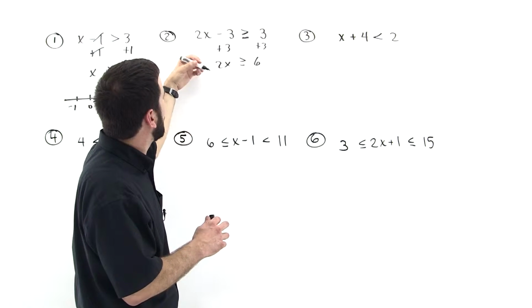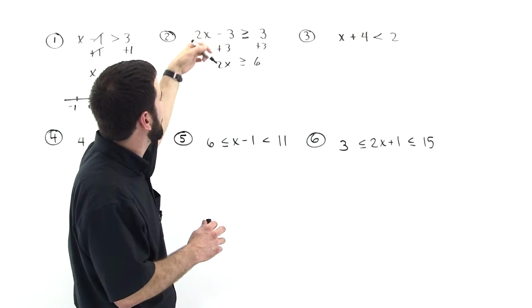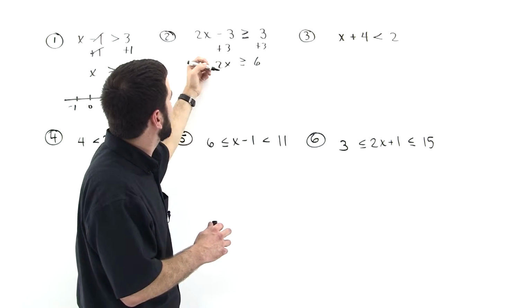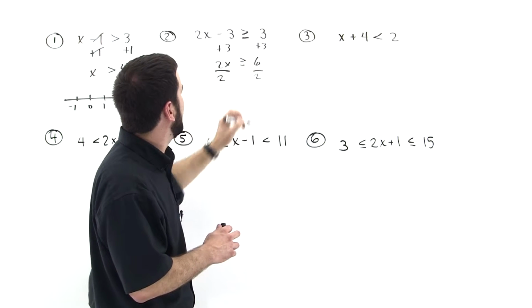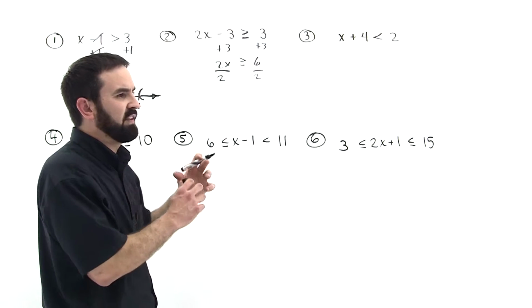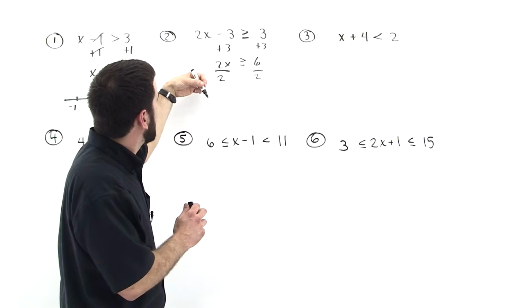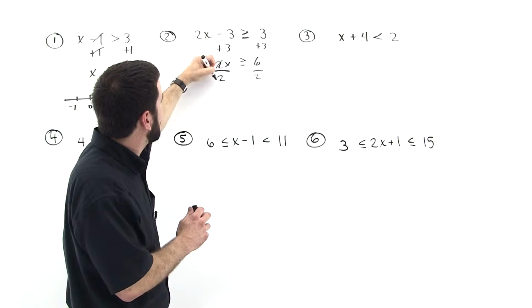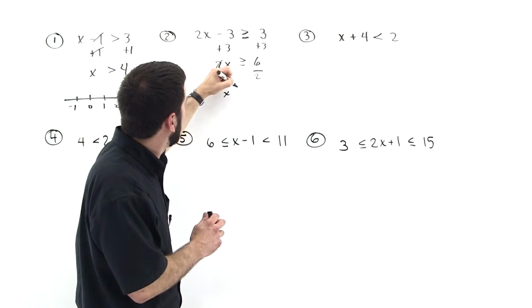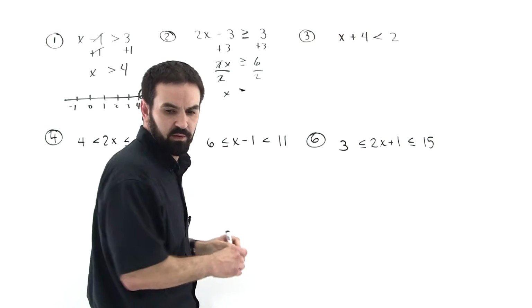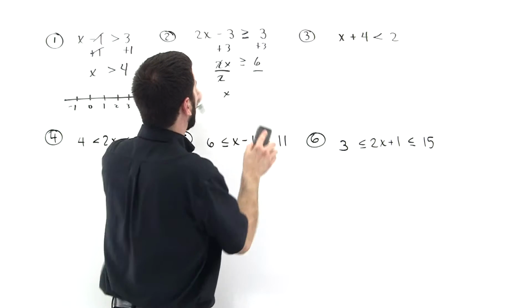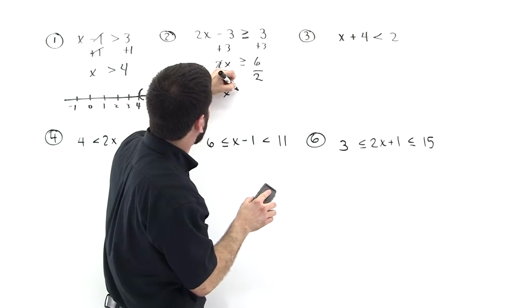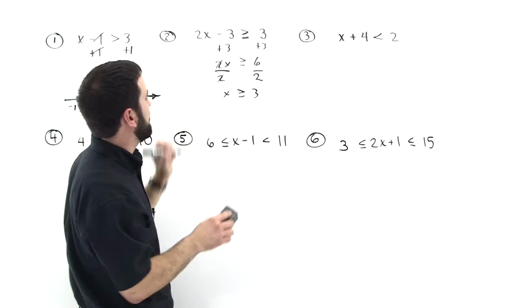Now that we've brought the constant over to the other side, let's divide by 2 to isolate the variable further. This cancels out, and we're given that x is greater than or equal to 3.